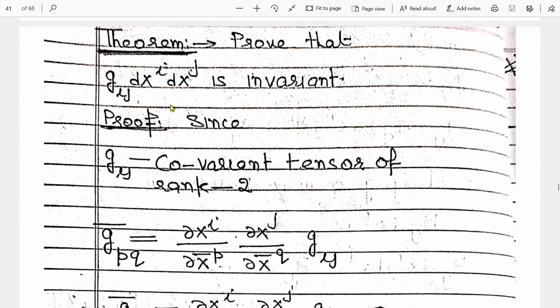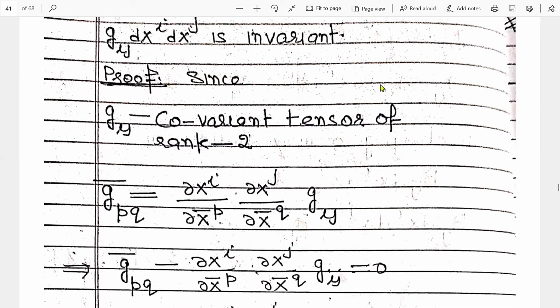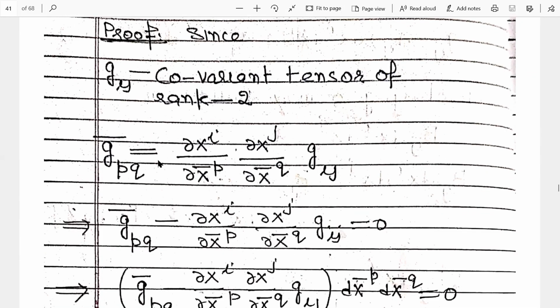Third is to prove that Gij dxi dxj is an invariant. In order to prove it is an invariant, by definition, Gpq bar is equal to curly xi, curly x bar p, curly xj, curly x bar q into Gij.